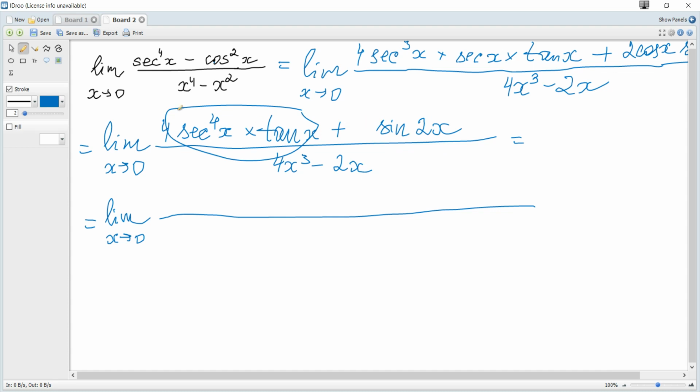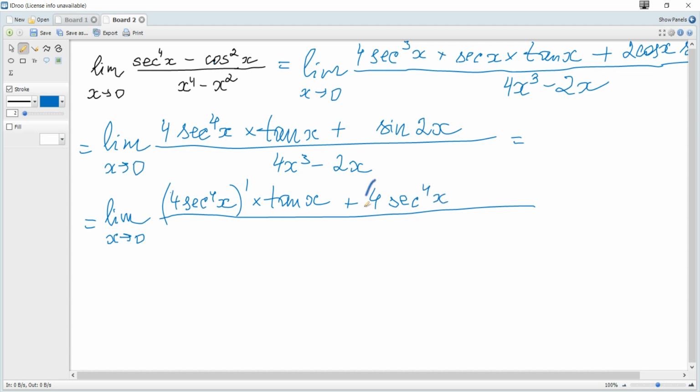The first part should be considered as a product, secant multiplied by tangent, and we should apply the product rule, and it says that it becomes 4 secant to the power of 4 of x derivative multiplied by just tangent plus 4 secant to the power of 4 of x multiplied by tangent derivative, and plus sine of 2x derivative.